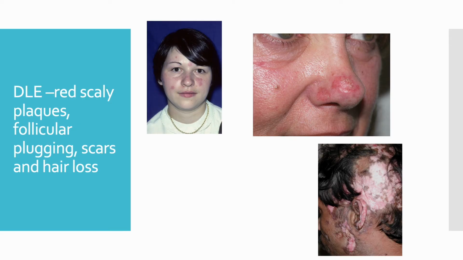And if this happens in the scalp, there'll be loss of hair, and particularly in dark-skinned people, there'll be dyspigmentation. So on the upper right-hand panel, you can see a very well circumscribed erythematous plaque on the nose, but if you look carefully, you can see these little follicular excrescences, what are termed follicular plugs.